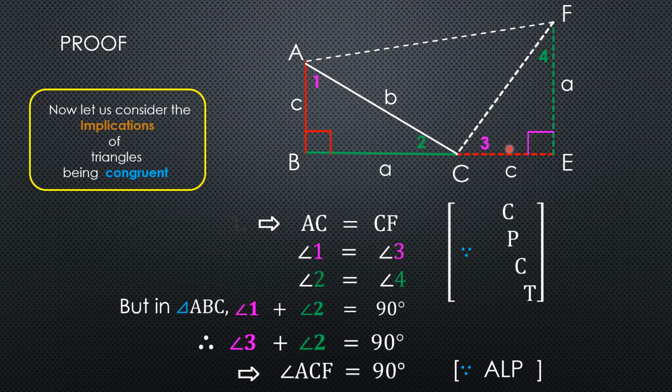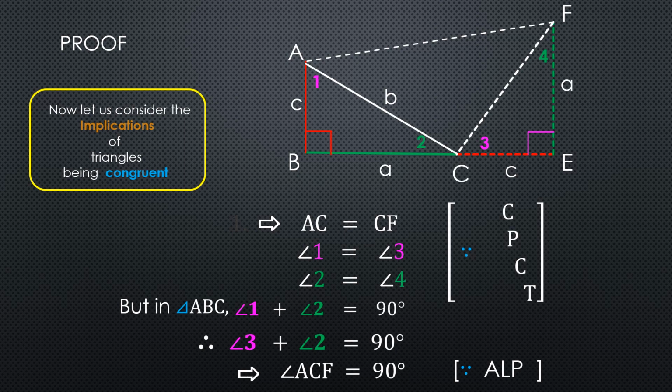This angle plus this angle is 90, this plus this 180, because this is a straight line, therefore this angle must be 90 degrees. In other words, this also became a right angled triangle. So we have 3 right angled triangles in this trapezium.